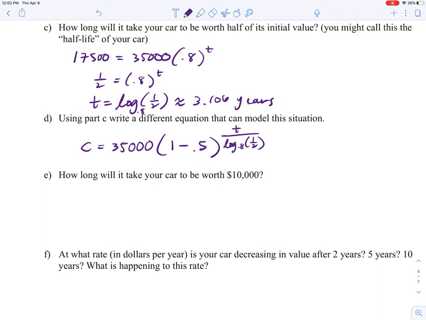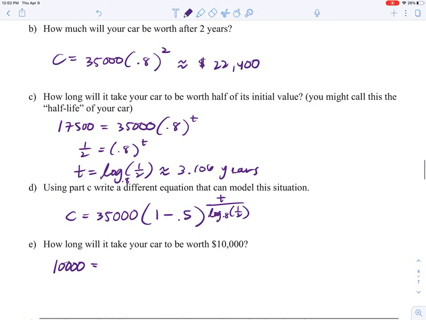And then if we want to know how long it will take our car to be worth $10,000, we can set one of those equations equal to 10,000.